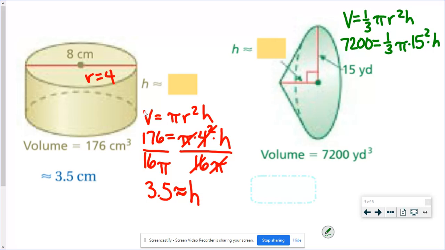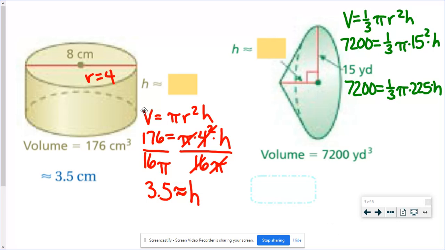That's 225. So this one I'm going to take an extra step. I'm going to say 7,200 equals 1/3 pi 225 times h. You can either simplify the 1/3 with the 225. You can certainly do that. 225 does divide nicely by 3, and that would be 75. So I'd have 75 pi times h. That gives me 2 extra lines of work. You can do it that way.